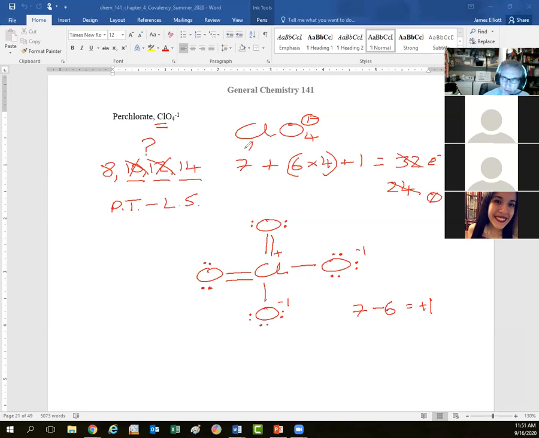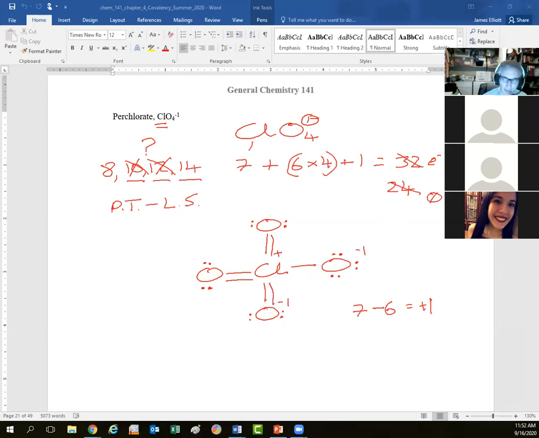Let's try 14, our last possibility. We can't take it any further than 14. And so we'll take another lone pair, actually. I didn't want to do that. Another lone pair and turn it into a bonding pair.